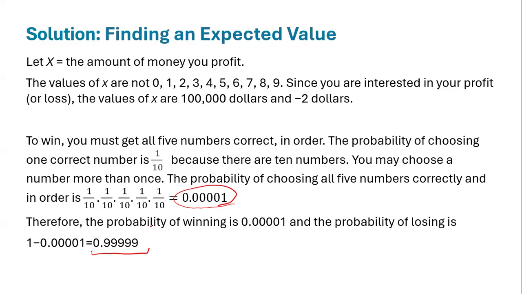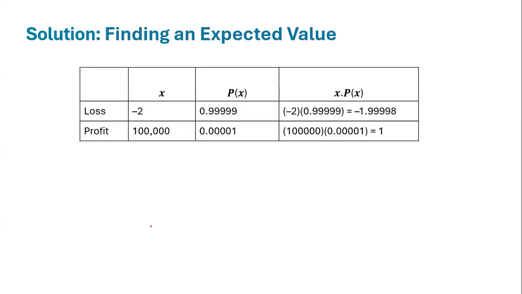So when you play this game, you have only two outcomes: lose or gain. If you win nothing, you lose the $2 that you paid to start the game. If you win $100,000, they give you back the $2, so your profit is exactly $100,000.